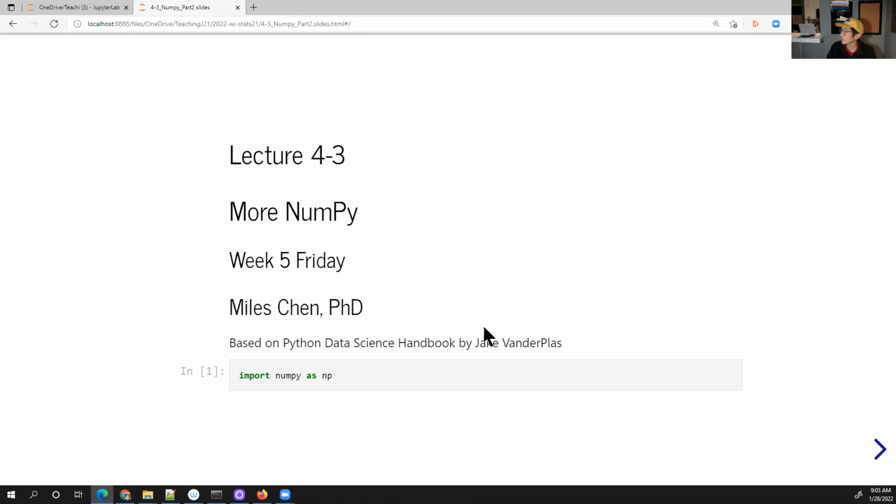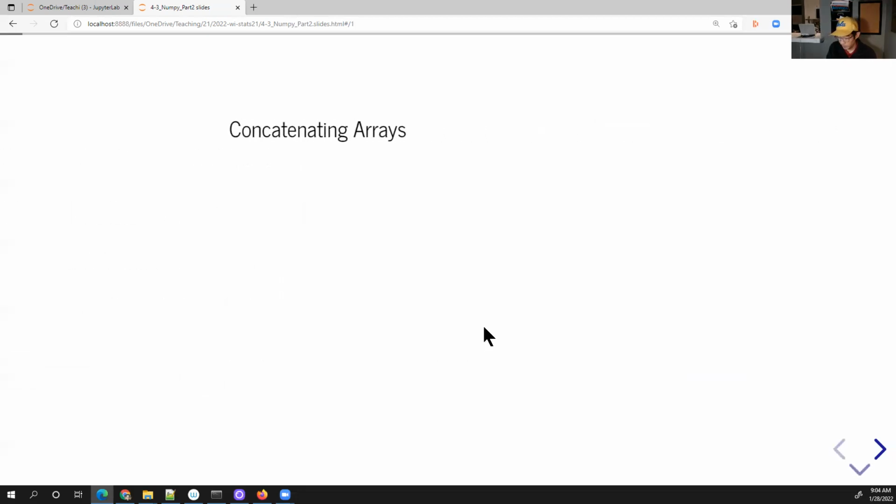If you try to do math operations with a list versus a NumPy array, you'll find that the computations for the NumPy array are much faster than for a list. So anyway, let's take a look at some more things that we can do with NumPy arrays.